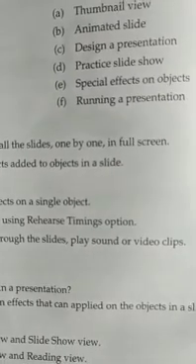Okay, now see, C: write T for true and F for false. If the statement is true, then you have to write T, otherwise you have to write F for false. So see, the first statement is: running a slideshow means viewing all slides one by one in full screen.